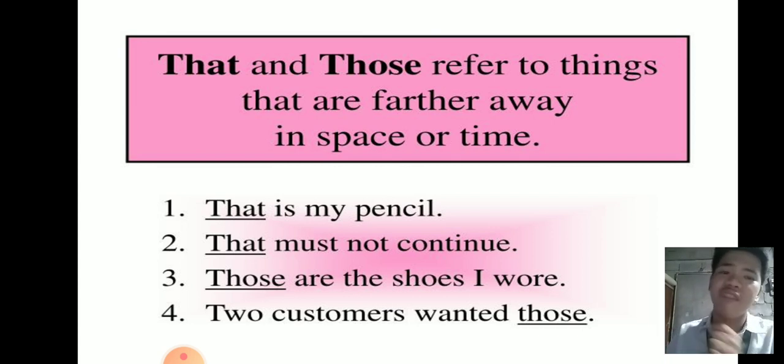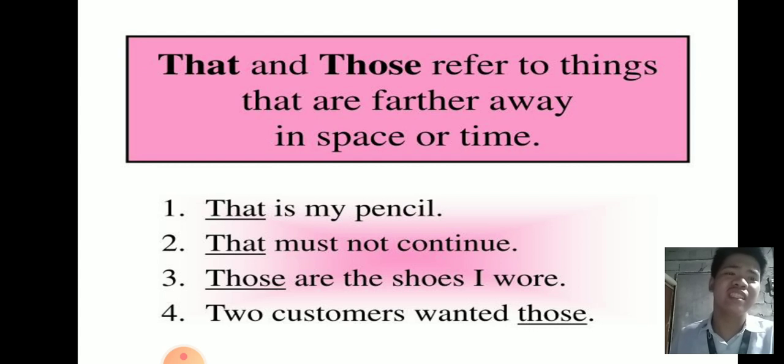In the third and fourth examples, those are the shoes I wore and two customers wanted those, the speaker is also referring to an object that is far from him or her, but the things he or she is referring to are plural.